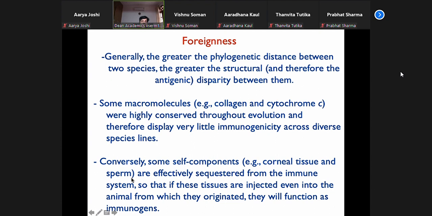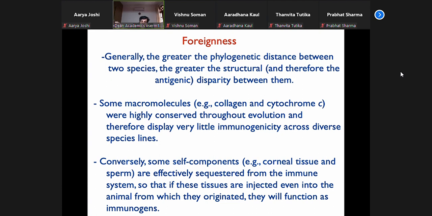When your B cells and T cells were developing in bone marrow and thymus respectively, they see a lot of antigen which you have, and if they see your own antigen, they are deleted. But there are some antigens which they cannot really see.